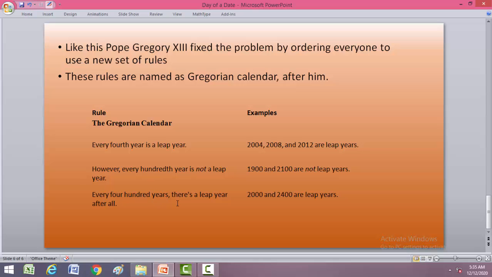Every 400 years there is a leap year after all, because in every 400 years we are left with a fraction of almost 1 day. So that day is included as a leap year day every 400th year. This Gregorian calendar is used all over the world. So this is the reason.